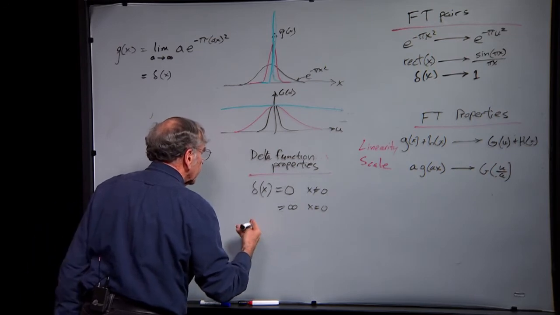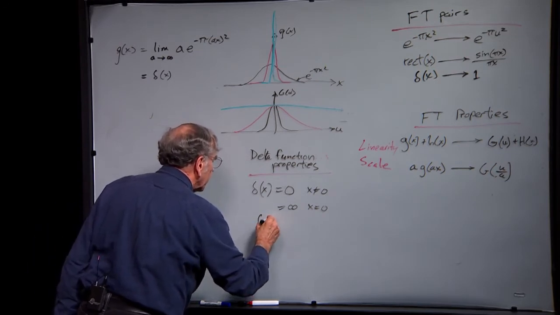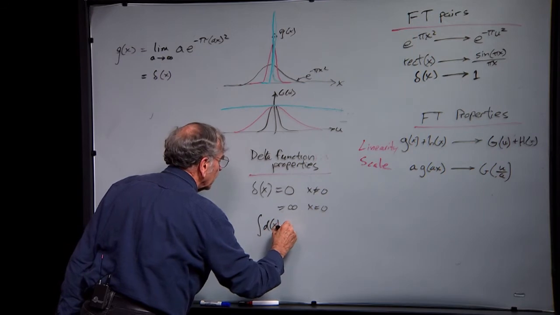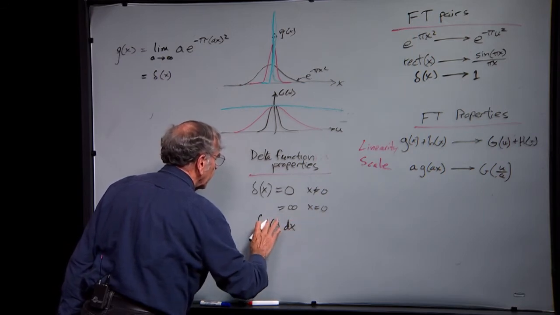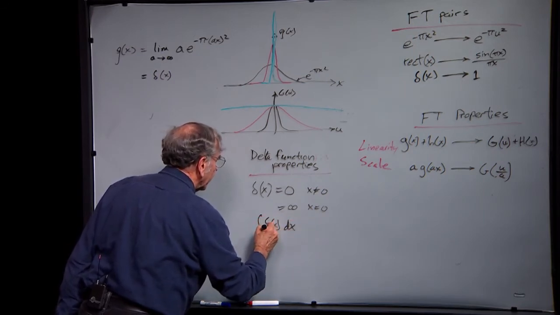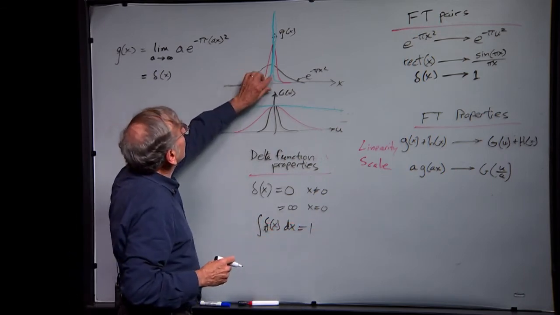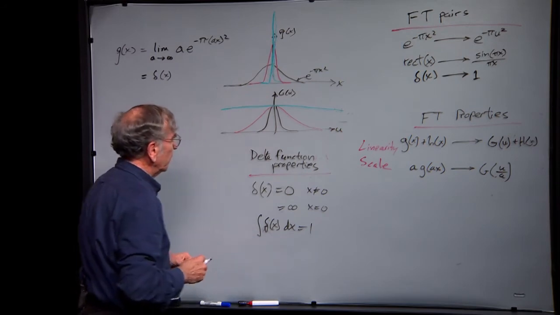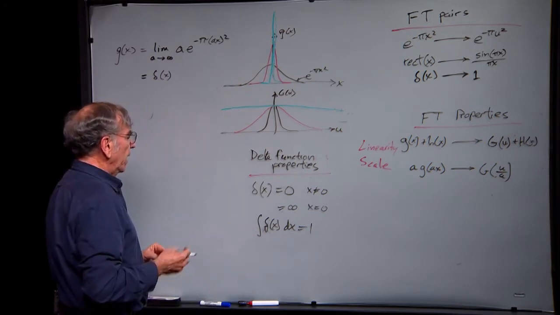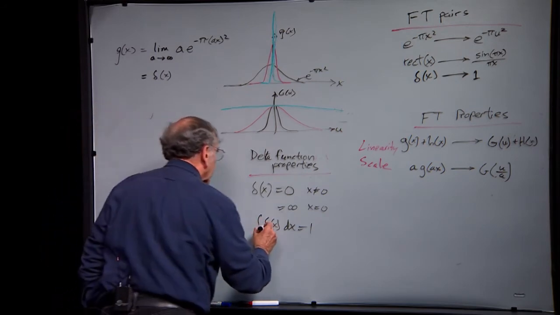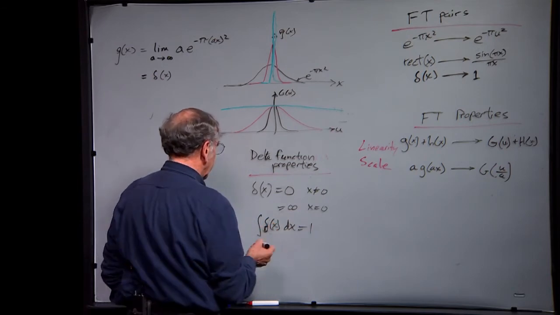So I can say that the integral of delta of x times dx is equal to 1. That is the total area under this spiky function. There's one other cool property that we may use the next time or two.